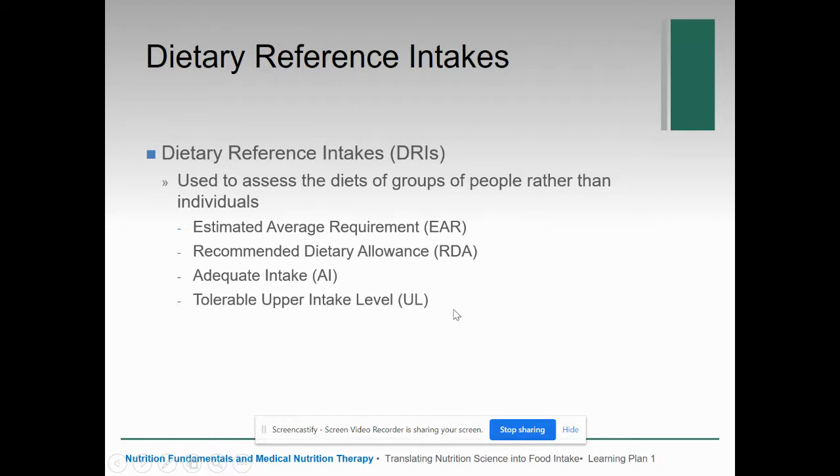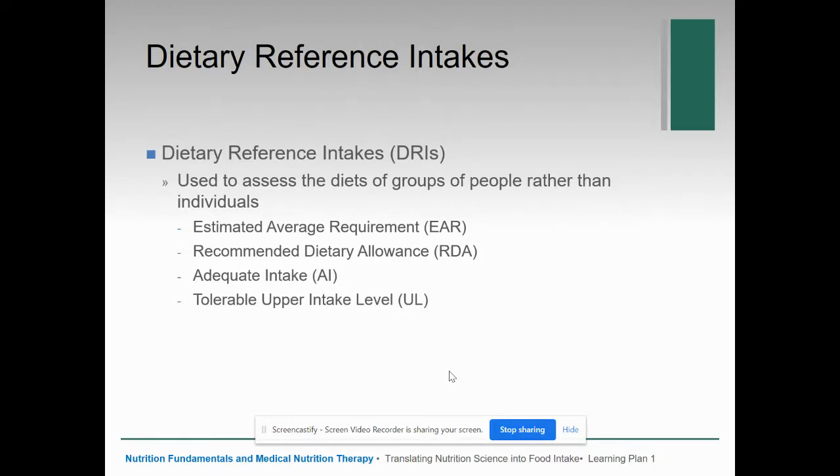And then finally, we have the tolerable upper intake level, or the UL. The UL is the highest amount that you can take before seeing toxic side effects. The UL is difficult to get past when we're just talking about food.